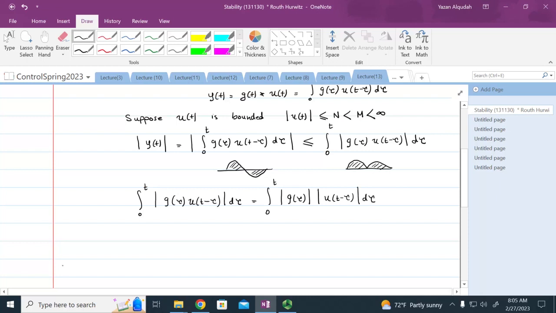But this u of t minus tau has a maximum value of m. So therefore, this integration is going to be less than m multiplied by the integration from 0 to t of the absolute value of g of tau d tau.